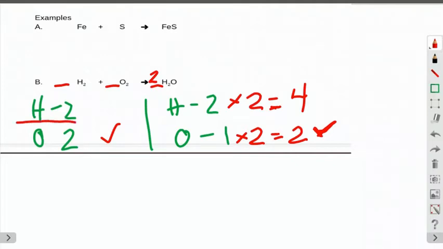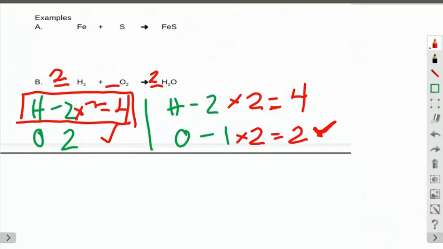So now we need to do something to this 2 to make it equal 4. What can you multiply 2 by to get 4? That is like just what we did on the other side. We can add another 2 in this front, and that will make it equal 4 hydrogens on the left and 4 hydrogens on the right.